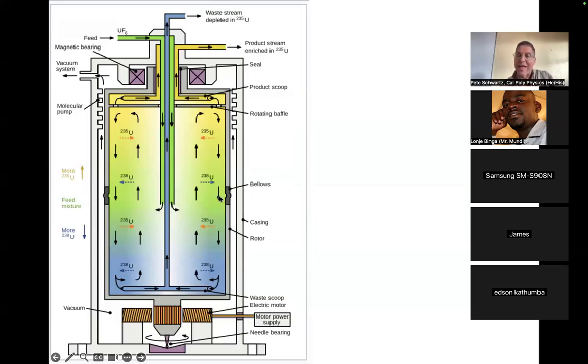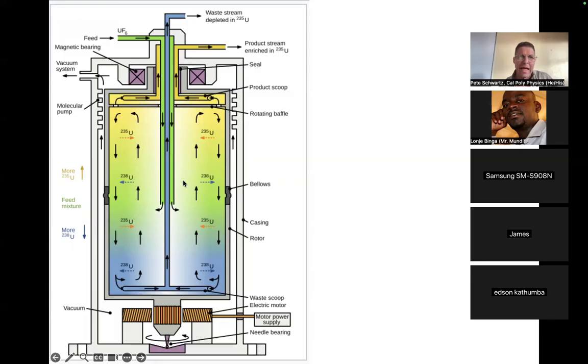The larger, heavier nuclei are preferentially pushed to the outside, and the lighter nuclei come into the middle more, right? So you feed in the mix of both of them, and on the outside you have more 238, and on the inside you have more 235.